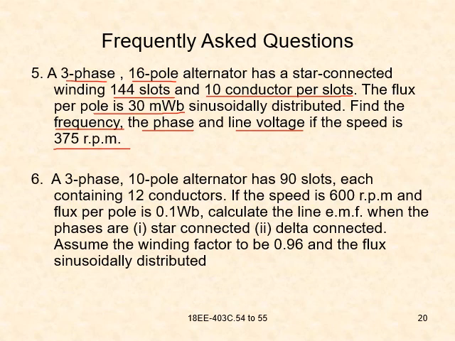And there is another problem: a 3-phase 10-pole alternator has 90 slots, each containing 12 conductors. If the speed is 600 rpm and flux per pole is 0.1 Weber, calculate the line EMF when the phases are star connected and delta connected, assuming the winding factor to be 0.96 and the flux is sinusoidally distributed.